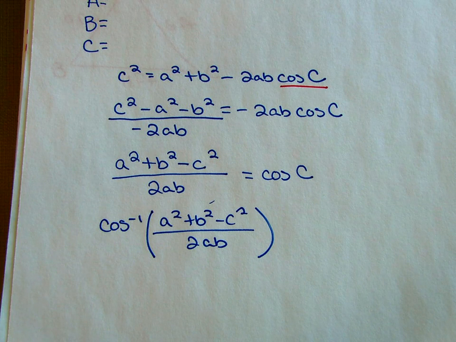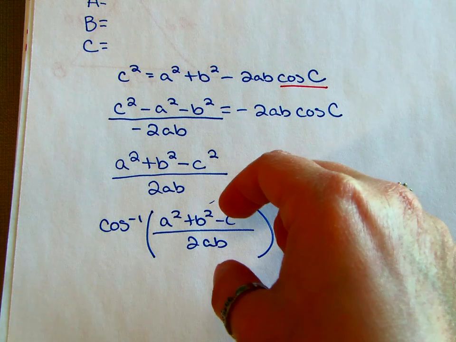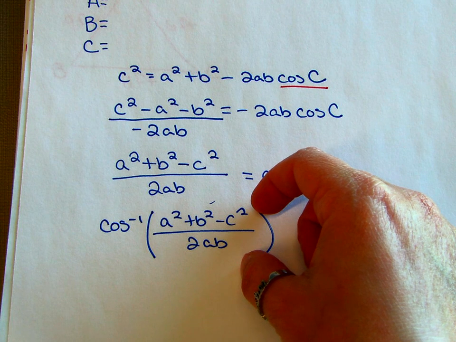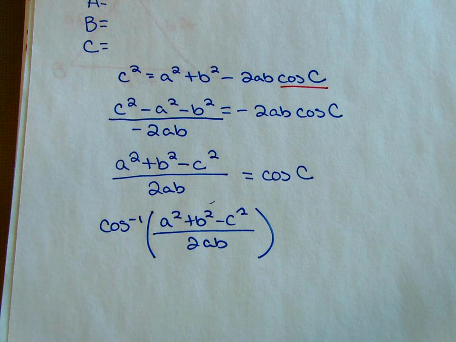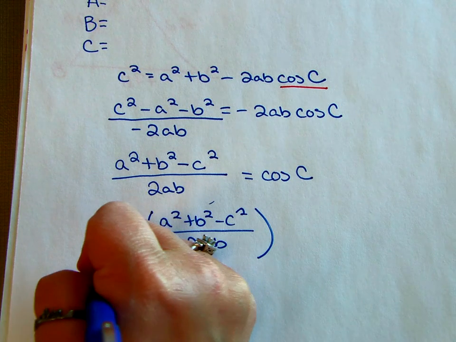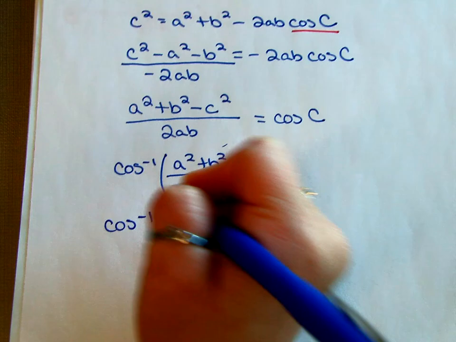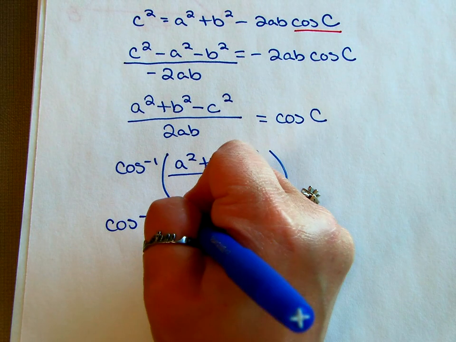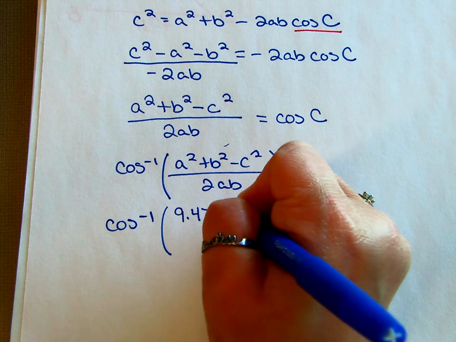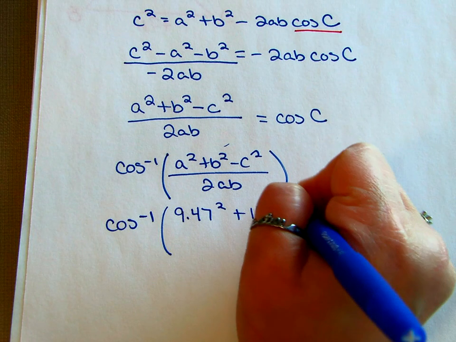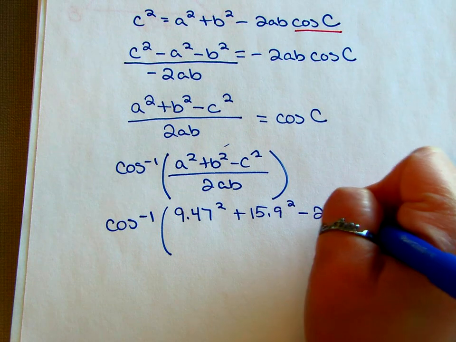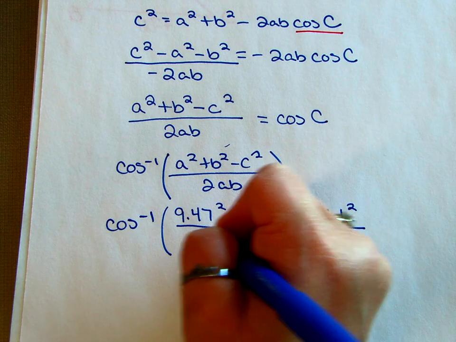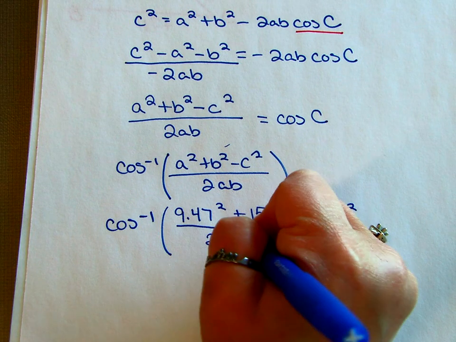Only at this point would I write down on my paper and fill in the A's, the B's, the C's, and all the different values. So that I have cosine inverse of A squared, which is 9.47 squared, plus 15.9 squared, minus 21.1 squared, over 2 times 9.47 times 15.9.